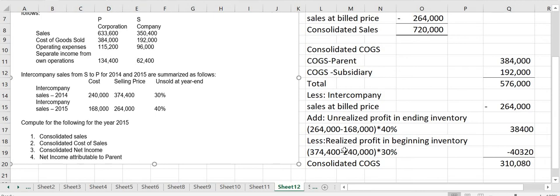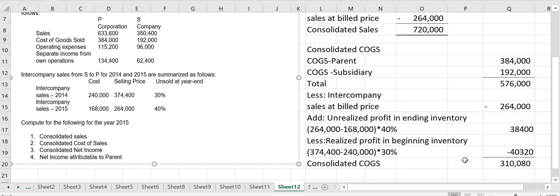Also, we are to less realized profit in the beginning inventory. So, yung beginning inventory natin is based on the 2014 sales. So, we have 374,400 less 240,000, that's actually the total gross profit. Yung difference yan times 30% to determine the profit included in the beginning inventory. So, we have 40,320. So, from there, the consolidated cost of goods sold is actually 310,080.